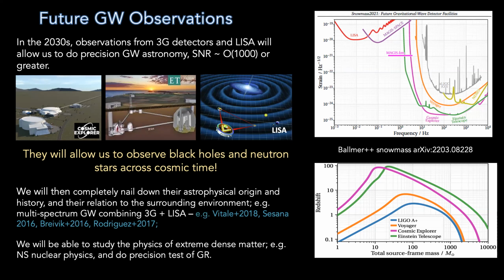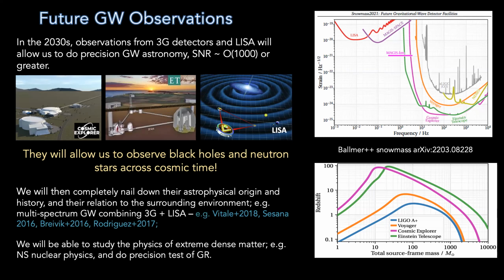And it will allow us not only to obviously do a census of all these black holes and binary neutron stars, but also learn a lot about their origin, where they're coming from. So there's a lot that we are going to be able to do. We're going to be able to look at the physics of extreme dense matter with gravitational waves, and also multi-messenger astronomy observation.